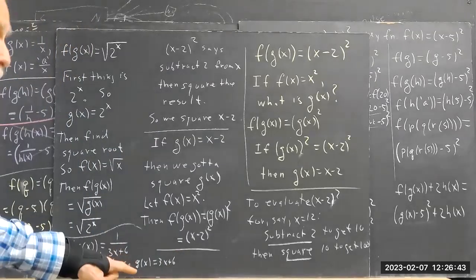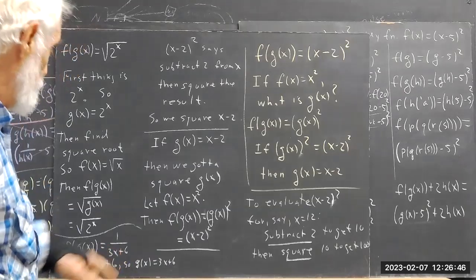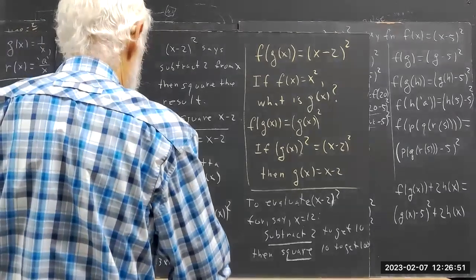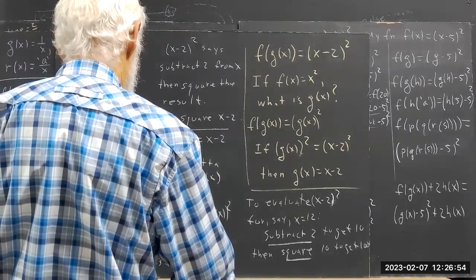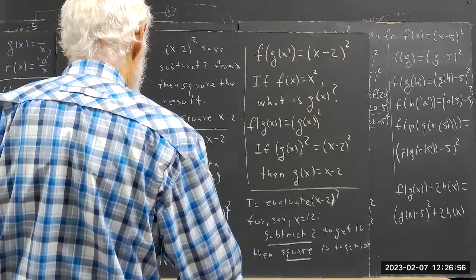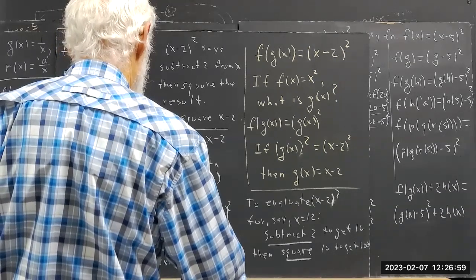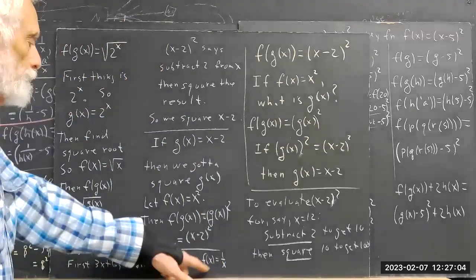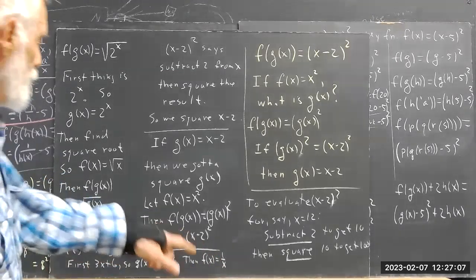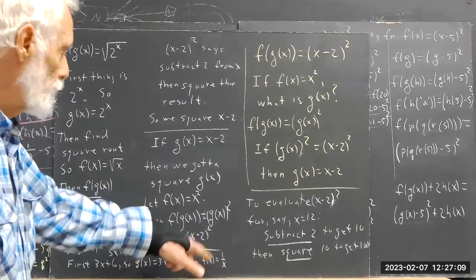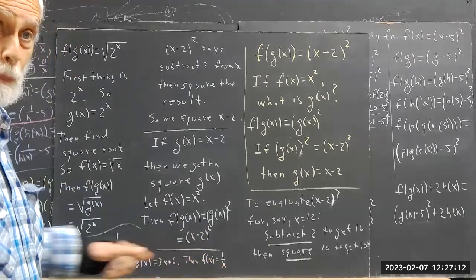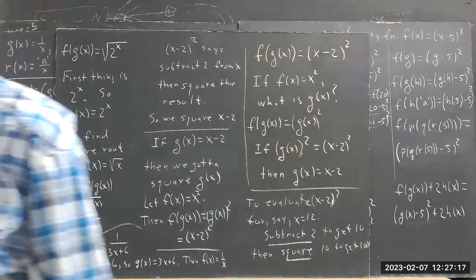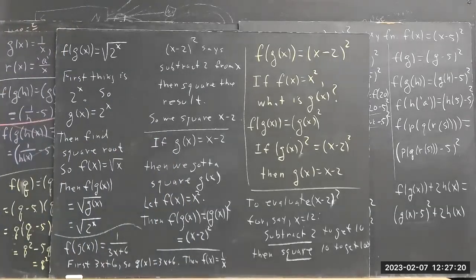So you'd let g of x be 3x plus 6. That'd be easy to calculate. Then you've got to do its reciprocal, right? If f of x is 1 over x, f of g of x would be 1 over g of x, which would be 1 over 3x plus 6. Now, hopefully you see that. I'm going to have to go into my next class now.